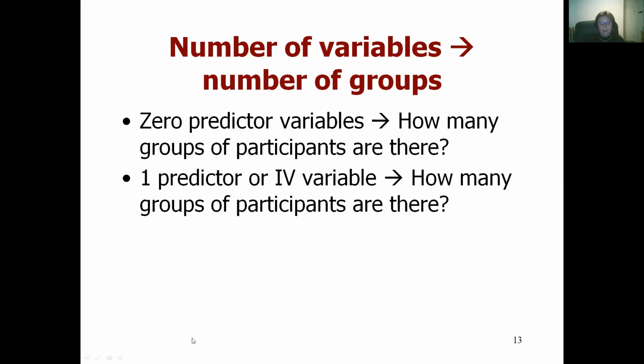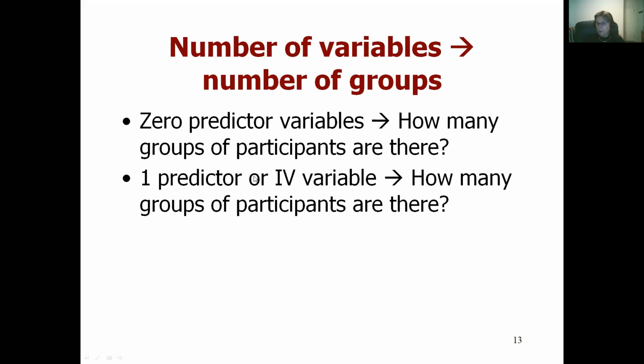So number of variables: one in frequency claims, two in association claims. So when we have zero predictive variables, that is frequency, how many groups of participants are there? Well, there's one. It's people who are depressed or people who are happy or women who breastfeed or whatever.